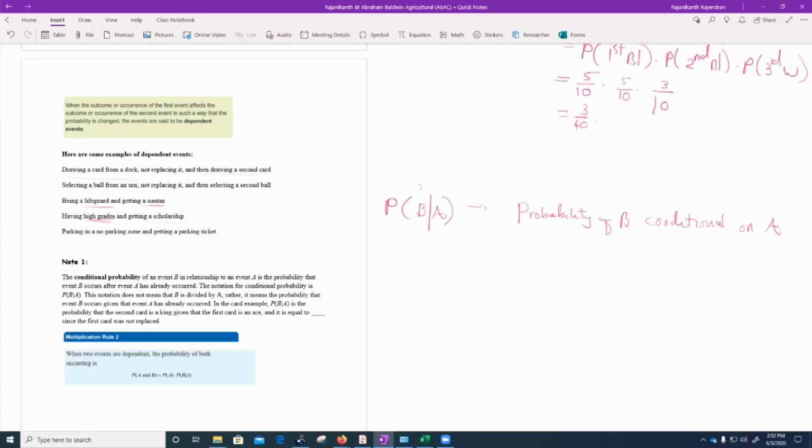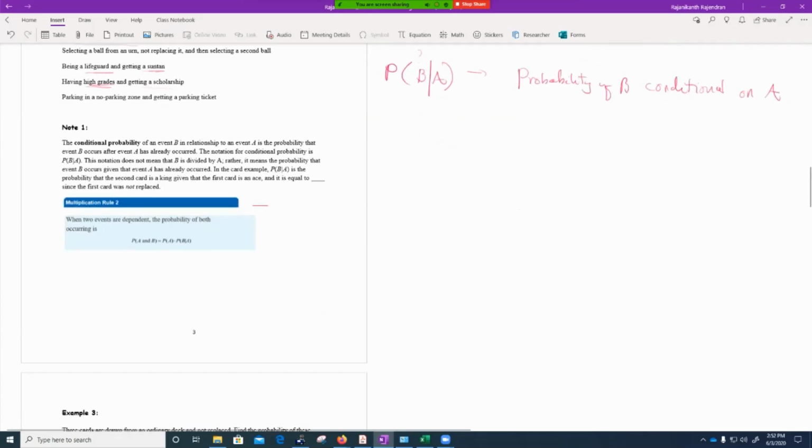Okay, if this is the case, then the probability of A and B. Remember, now here you have to consider A and B are dependent events. If two events are dependent, then the probability of A and B is given by what? The probability of A and B is simply the product of the probability of A, times the conditional probability of B given A. Okay, so now you see this is the difference between your dependent formula and independent formula.